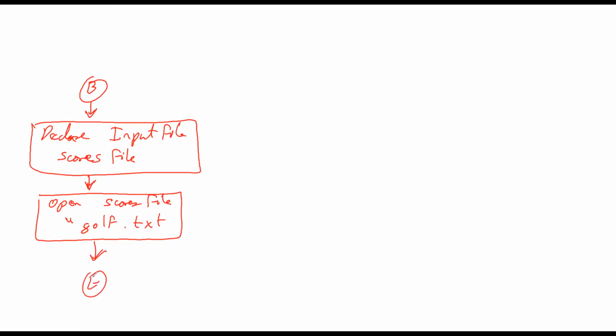I'm going to say E. All right, and I'm going to continue with E here. So this is the second loop. So I'm going to say not end of file, scores file.